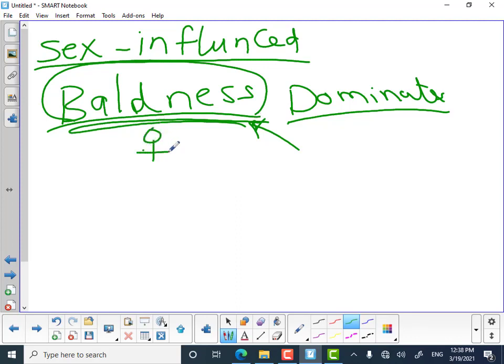Female, which is B capital, and she is hybrid because she carries only one gene of baldness in her somatic cells.